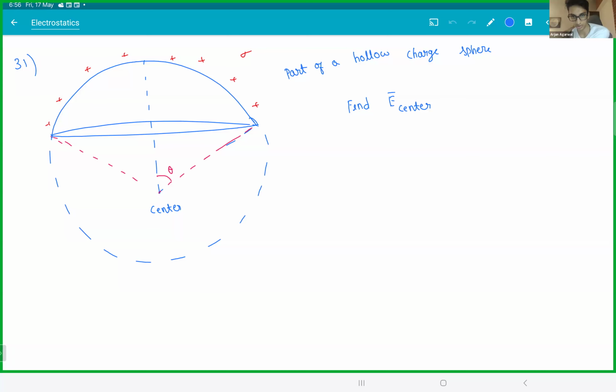For a hollow, it's 0, na? 0 na. So if you put theta is equal to pi, answer should give you 0. Yeah. If you put theta is equal to 0, it won't even exist. That means still you should get 0, right? मतलब there's no charge na. मतलब there's nothing there, 0 charge, so there's no field. Isn't that the meaning of it?